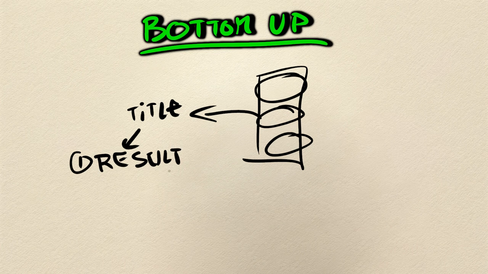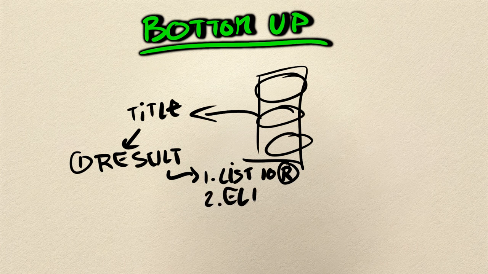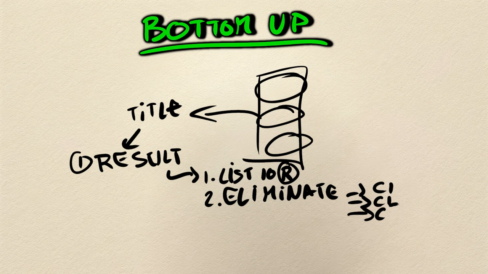So this step might involve, for example, listing 10 potential results, right? And from those 10 results, eliminate the ones that are not good based on some type of criteria. Let's say those are criteria 1, criteria 2, 3, and so on and so forth.